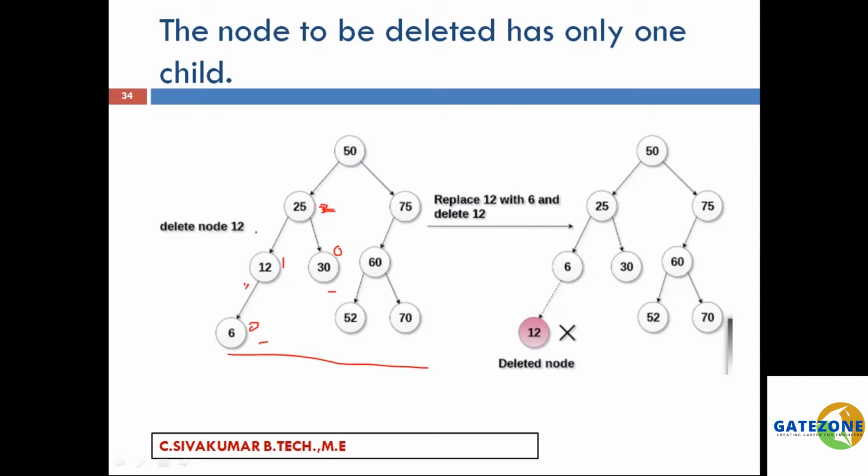Okay. Heightன்றது வேற, balance factorன்றது வேற. ஓகேங்களா. So இந்த ட்ரீலயே நம்ம சொல்லிக்கலாம். Okay. So what is the height of 50? 3. 0. Oh sorry. 52, 0, 70, 0, 60.